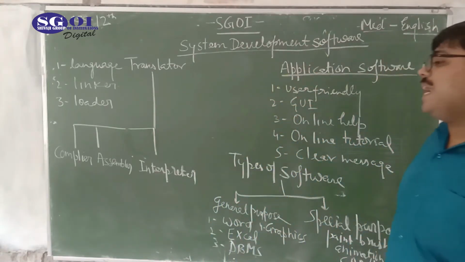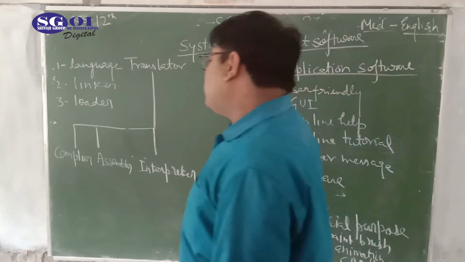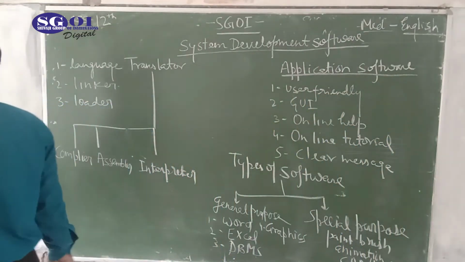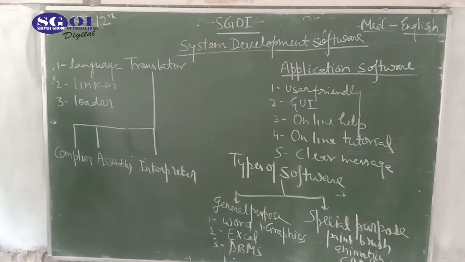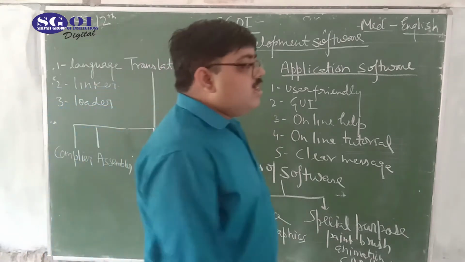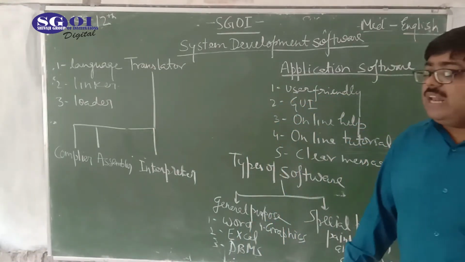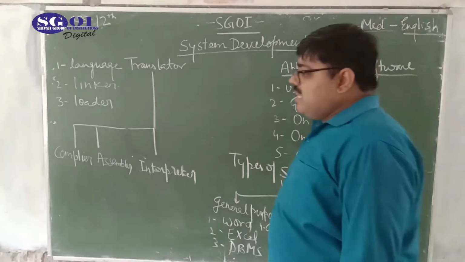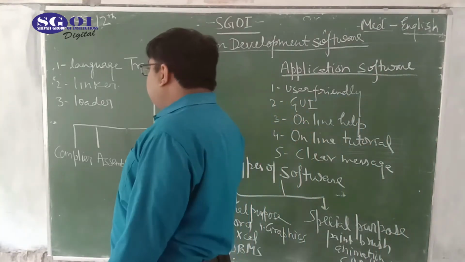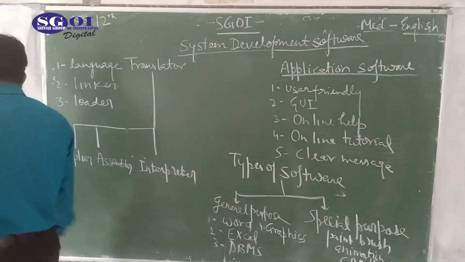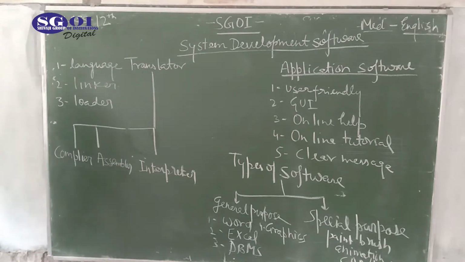So a user cannot make large programs on machine or low level language. For that we developed a lot of languages like Fortran, Basic, PL1. Those languages are helpful for creating programs, and 4GL languages are also very helpful for creating programs.